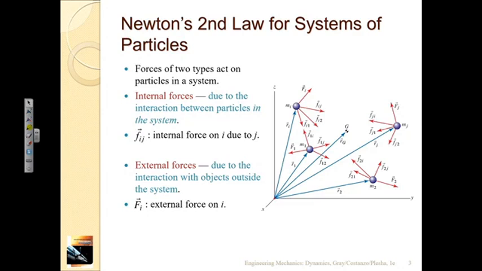But now I've got two FBDs. I need two kinetic diagrams. So the top one, which corresponds to the gal, will just be her mass times acceleration in the x.